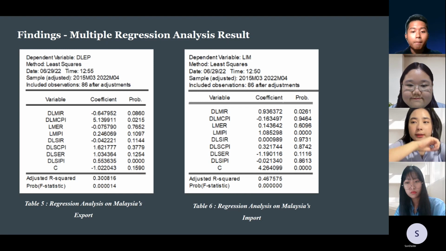On the other side, Malaysian import from Singapore is shown to have a positive correlation with the Malaysian interest rate and Malaysian IPI, while there are no Singaporean variables that correlate with Malaysian import according to this regression analysis. Next.